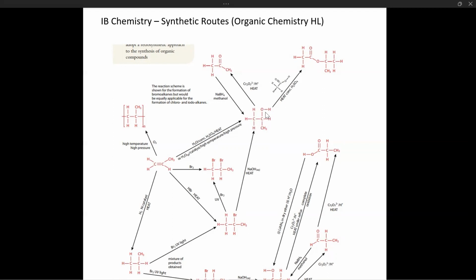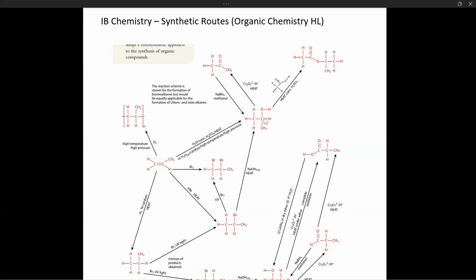But if you want to convert this alcohol into an ester, for instance, well, you have to first combine it with the carboxylic acid, as they have shown over here, and you have to put in a few additional ingredients like heat and concentrated sulfuric acid.